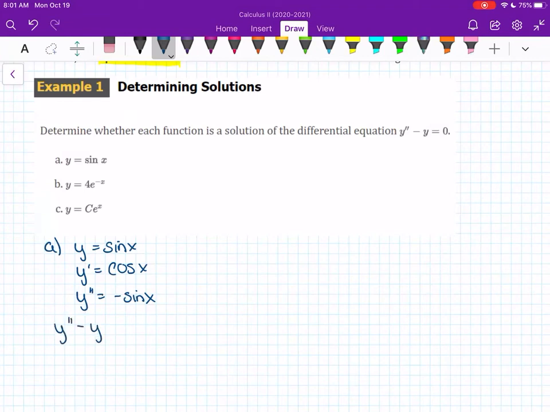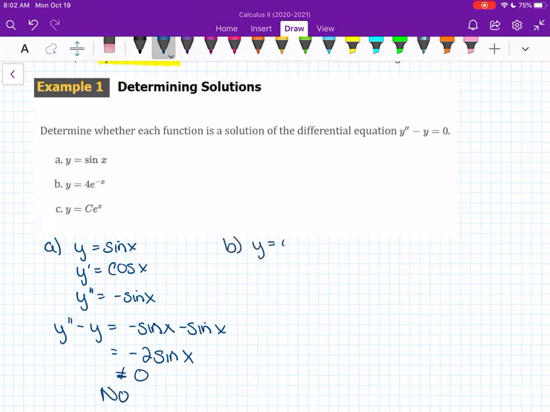If I plug it in, y double prime minus y equals negative sine x minus sine x, which gives me negative 2 sine x, which does not equal 0, so my answer is no, this is not a solution.